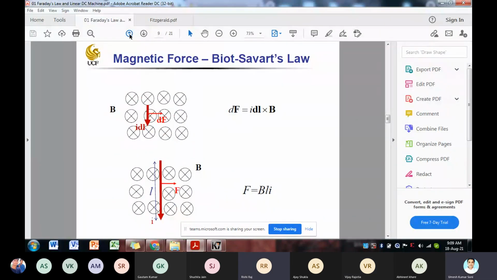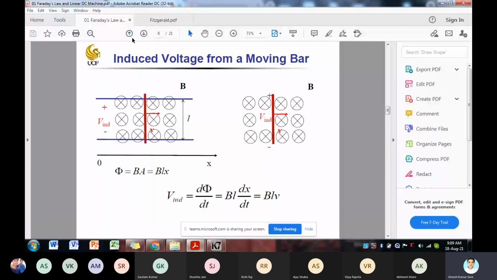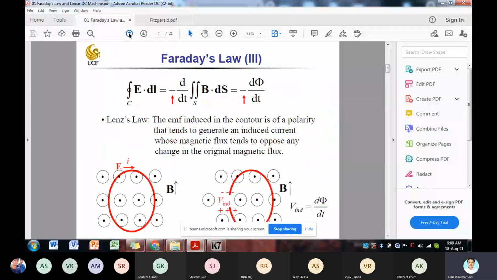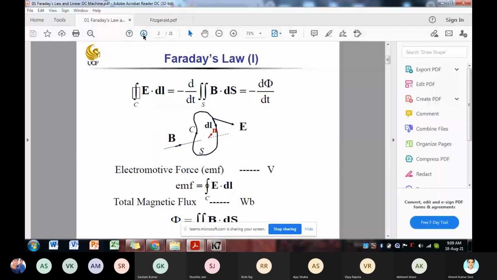See here, the previous slide. Here this slide shows that there is some relation between the flux density B and the magnetic field E. So induced EMF is related with the magnetic field, and the flux is related to the flux density. So here the induced EMF will be equal to the derivative of this flux.